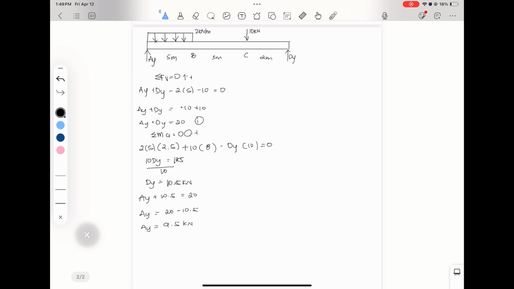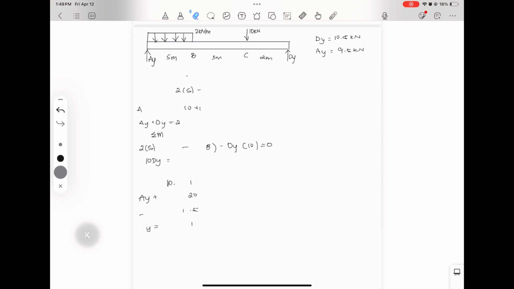So now that we have the two unknown forces, we can just put them at the side. So DY is equal to 10.5 kilonewtons, and AY is equal to 9.5 kilonewtons. So based from that, we can just erase this for now. We can erase all of this.